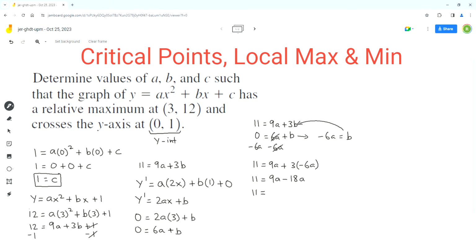So 9a minus 18a is equal to negative 9a. And now we can isolate a by dividing both sides by negative 9. So the negative 9's on the right side will cancel each other out, and we get a equals negative 11 over 9.